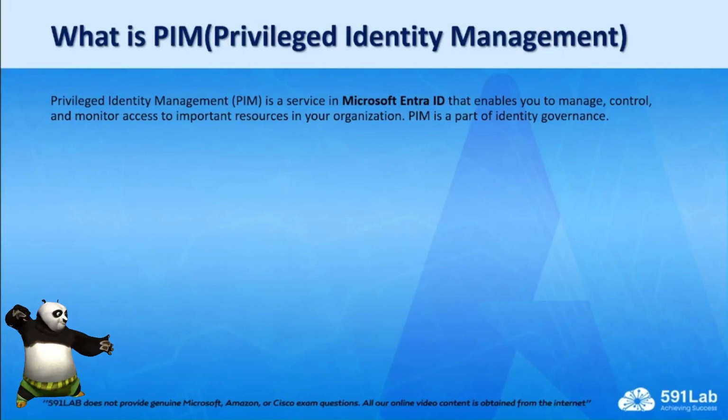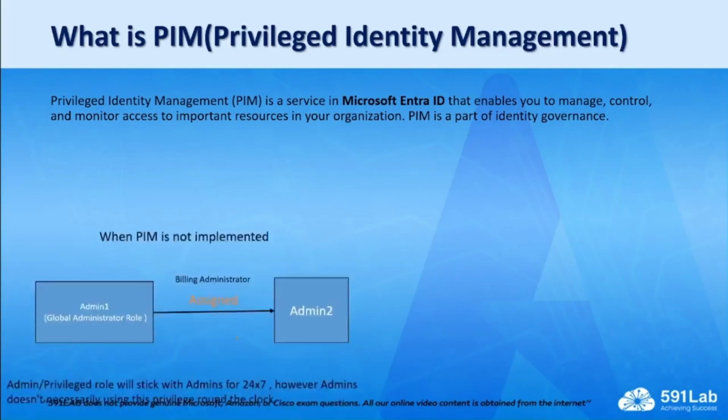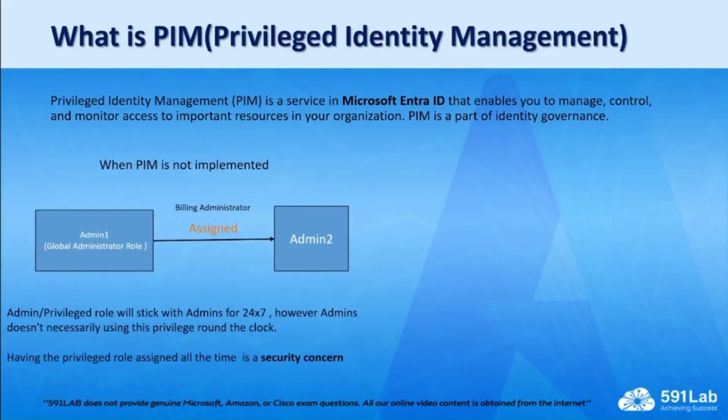To understand this, let's assume a situation where no PIM is implemented. So in our Azure Active Directory or Entra ID, we have one administrator, namely admin 1 with global administrator role. We have one more administrator, namely admin 2 without any admin role.